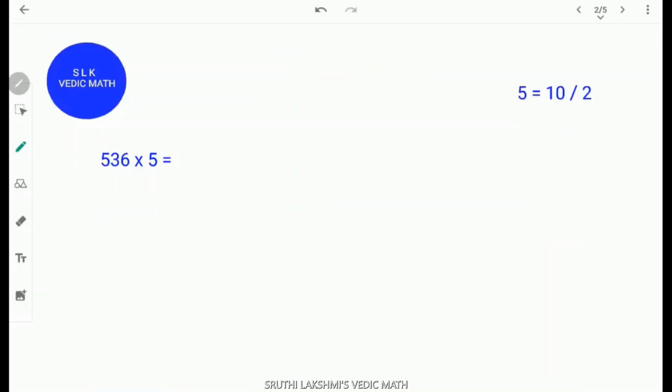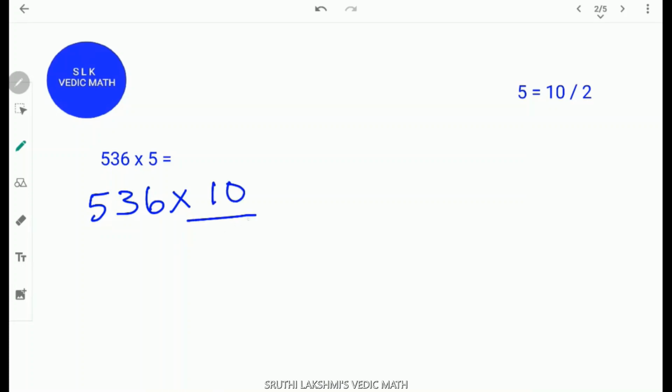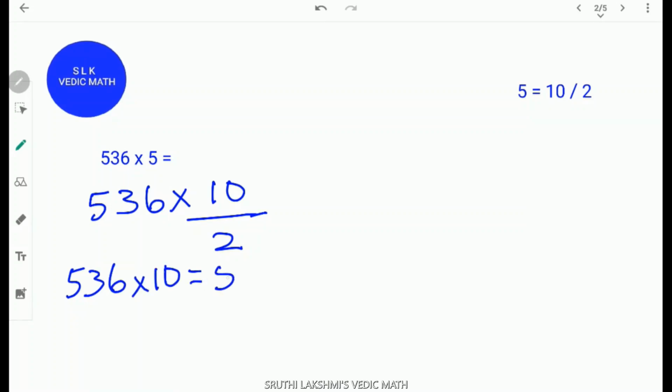Let's try another example. 536 times 5. So it's basically 536 times 10 divided by 2. First multiply 536 times 10. 536 times 10 is 5360.